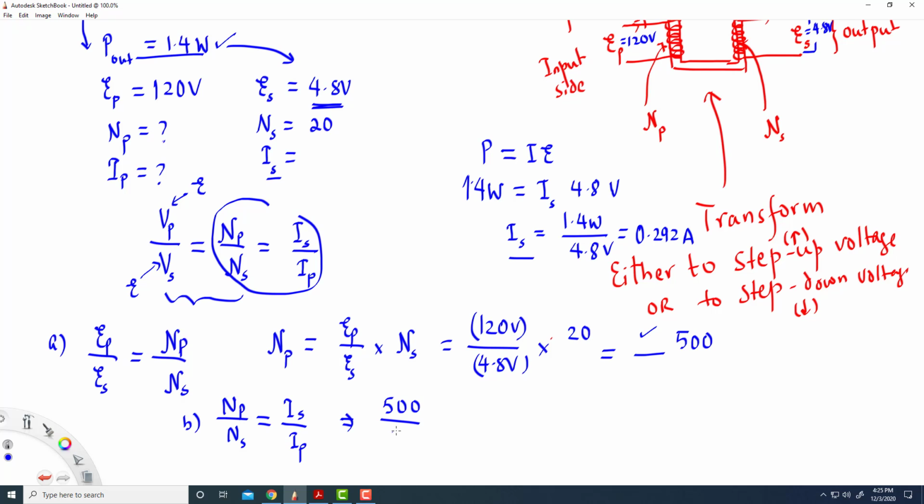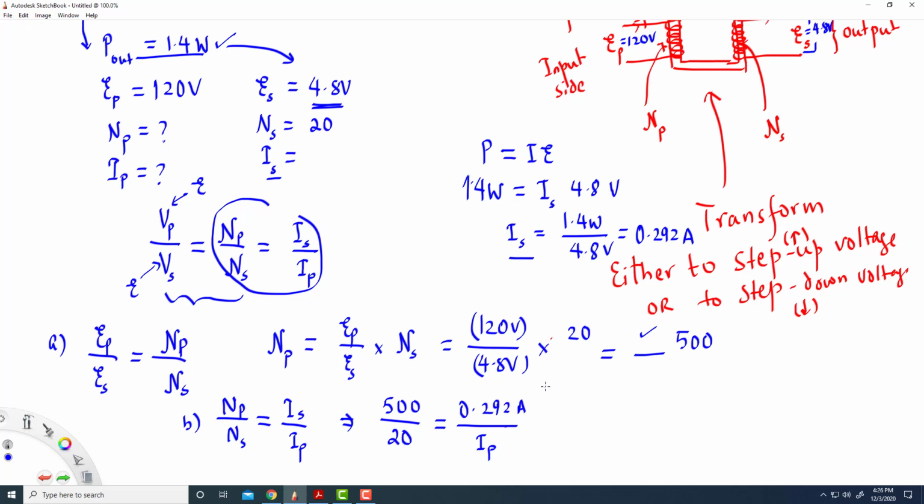NS is 20, and IS, we just found that, so that's 0.292 amperes, and IP.